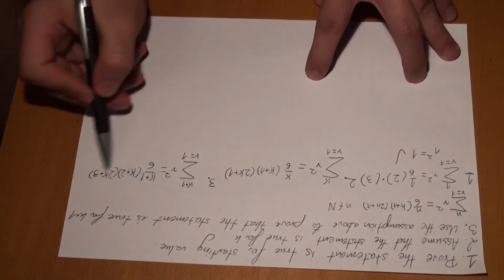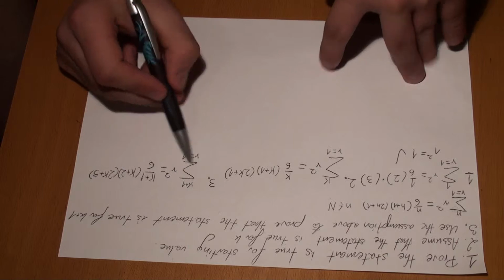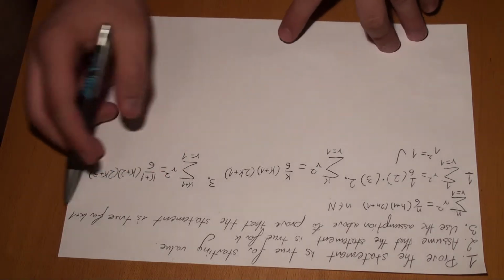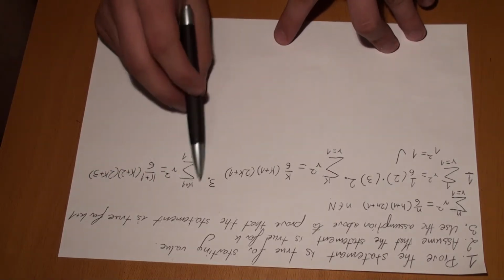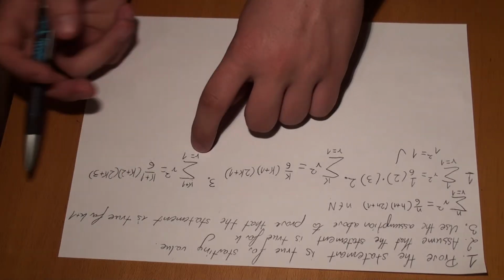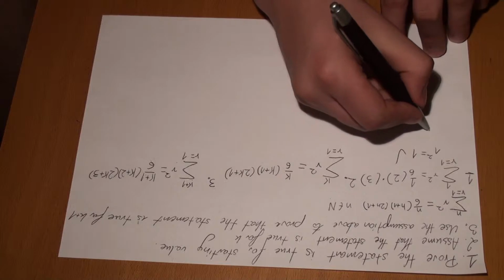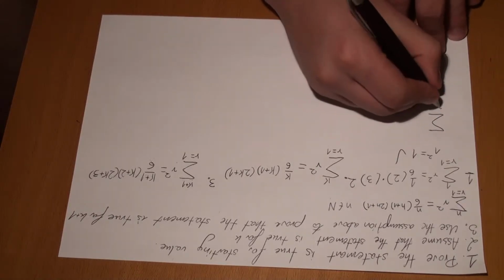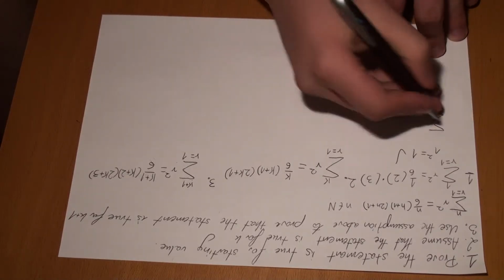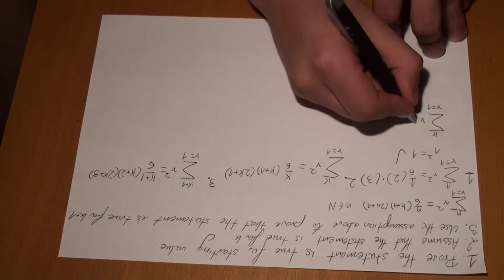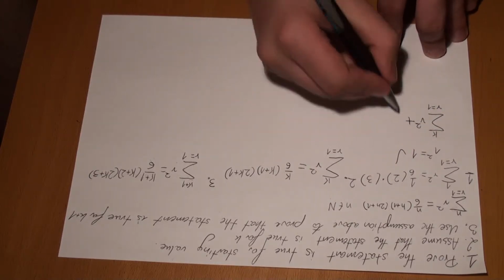We have to prove this is equal to this. Now, as you can see, this is in sigma notation, so actually, we can change it up a bit. You can notice that it's actually going to simplify into something very nice. And we add k plus 1 squared.